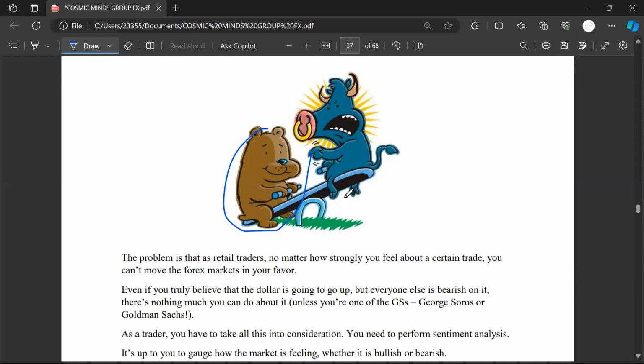The point is, retailers are people like you and I. We buy accounts, deposit accounts, and we are not from the institutional side. Every trader is a retailer, unless you are the banks, the institutional banks and hedge funds, they are the big players. But anyone who trades normally from your PC at home or your office, we are all retailers.